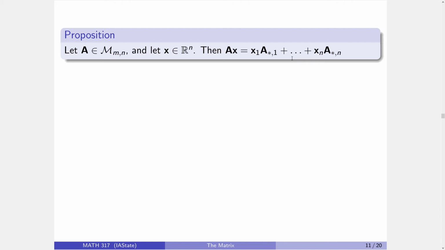So rather than thinking of it as the rows of A being dotted with x, we can instead think of it as the columns of A being scaled and added together. So there are two different ways of looking at A times x, a row way and a column way. Oh, that's really interesting and incredibly powerful.